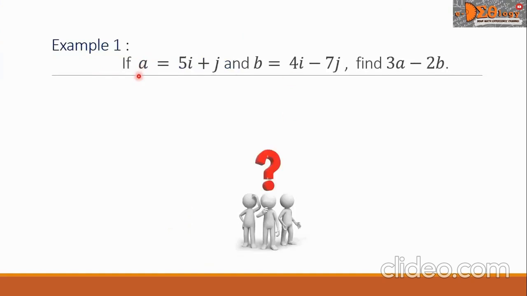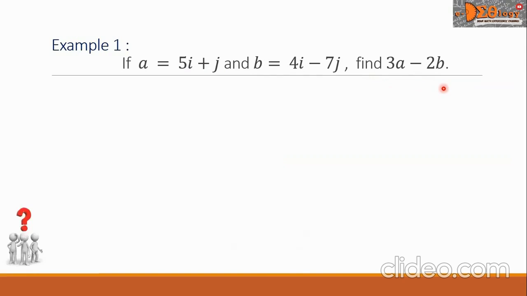Example 1. If vector A equals 5i plus j and vector B equals 4i minus 7j, find 3A minus 2B. First, let us list the corresponding vectors. Our goal here is to evaluate 3A minus 2B.